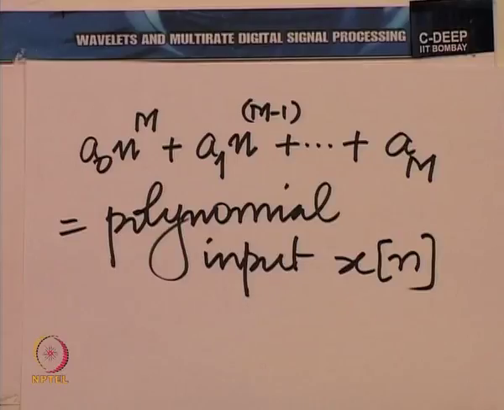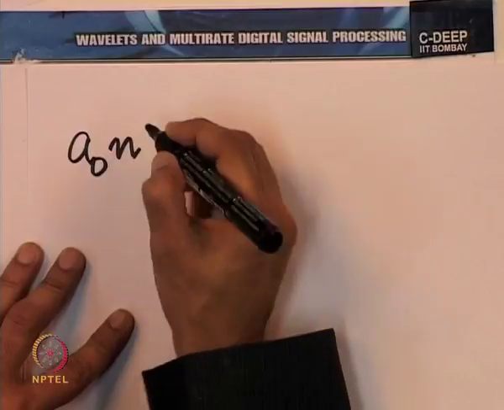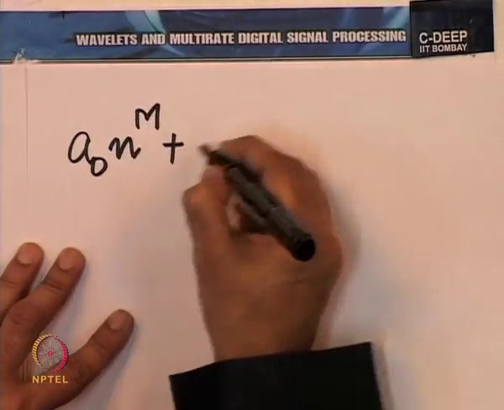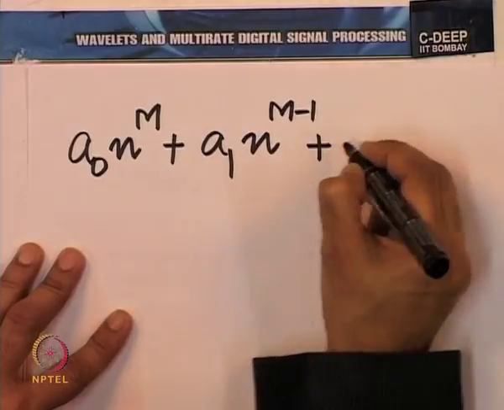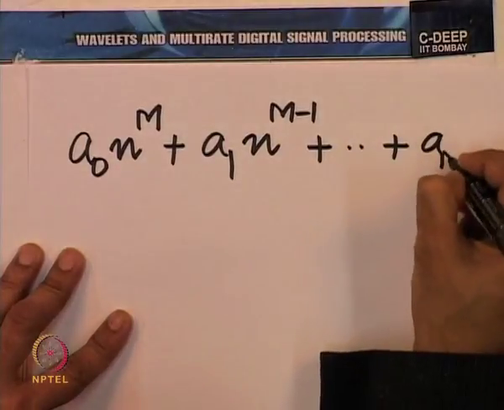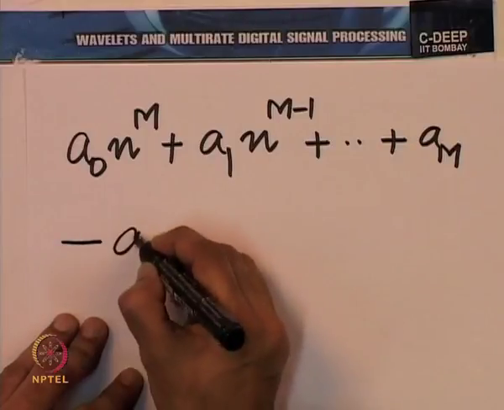Every time we subject this polynomial to 1 minus z inverse, what is going to happen? So, let us subject it to 1. The first time we subject it, we are doing this.